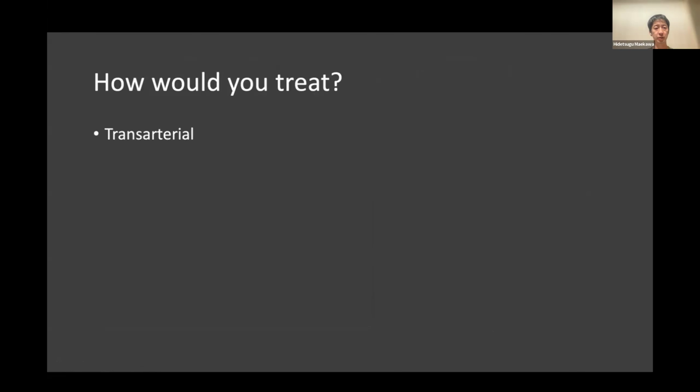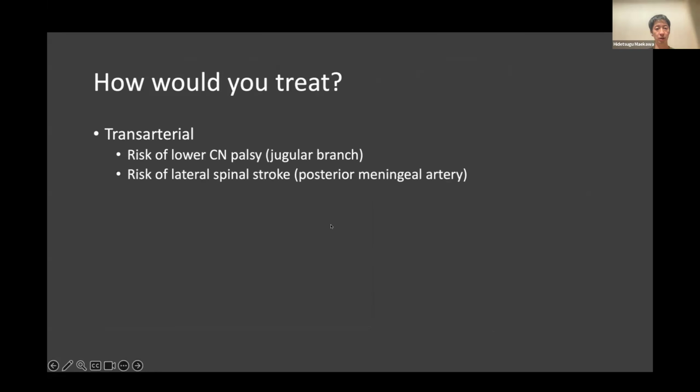So how would you treat? Transarterial? It has risk of lower cranial nerve palsy because they are supplied by the jugular branch, and there is risk of lateral spinal stroke because the shunt was supplied by the posterior meningeal artery.